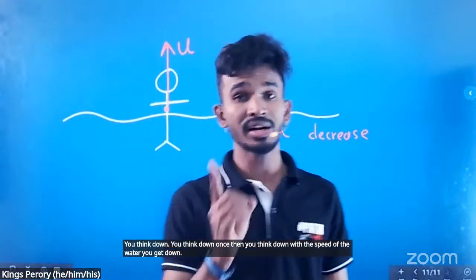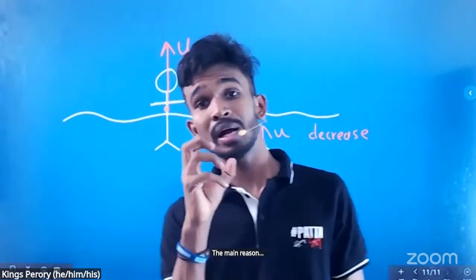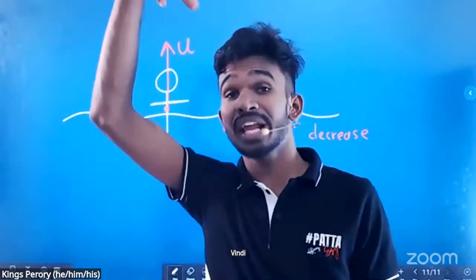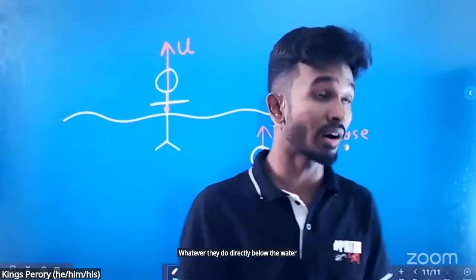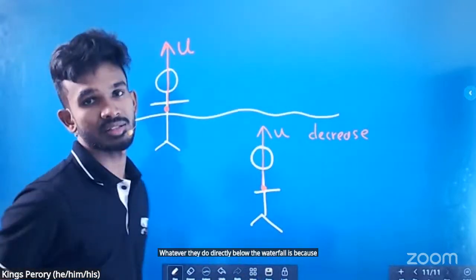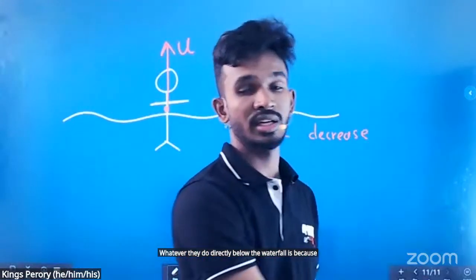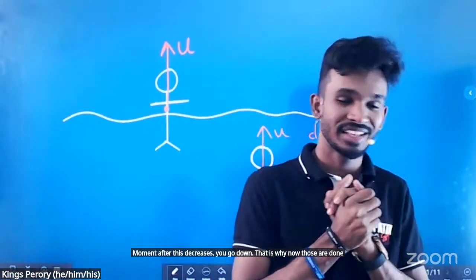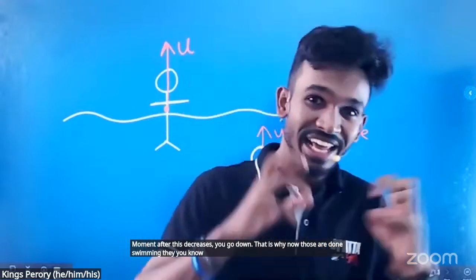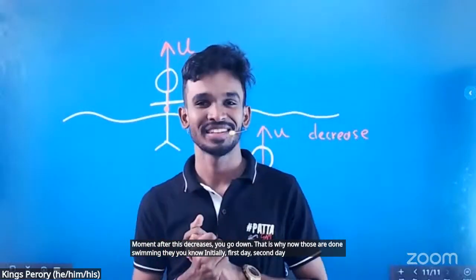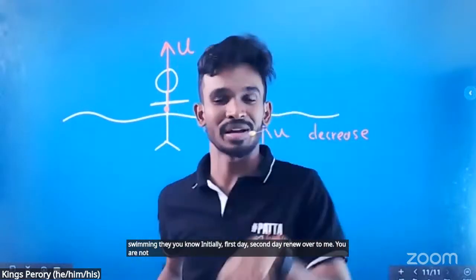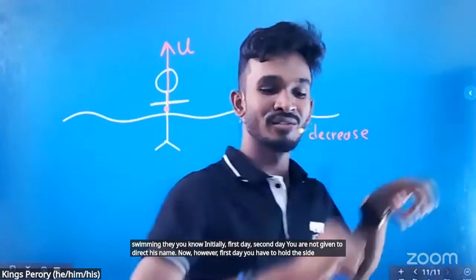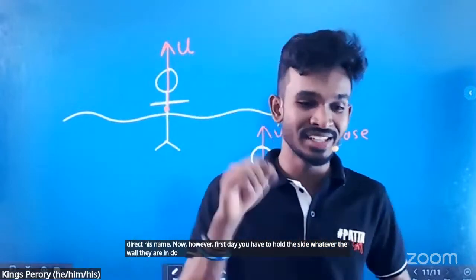So the main reason for people getting drowned when they bathe directly below the waterfall is because upthrust decreases. The moment upthrust decreases, you go down. That is why when you go for swimming, the first day, second day, you are not allowed to swim directly. First you hold the side and learn the kicking.